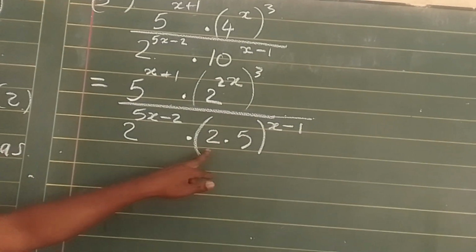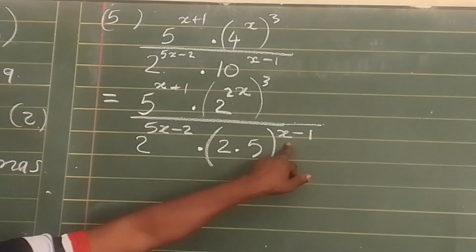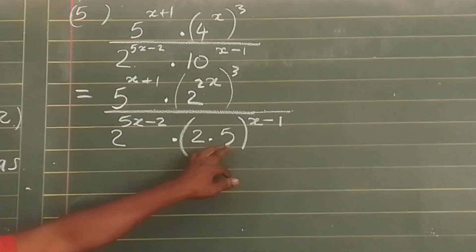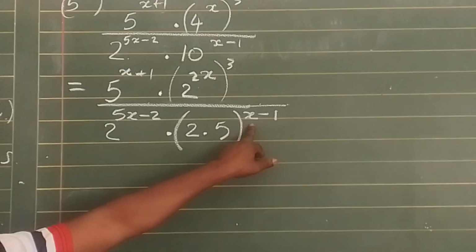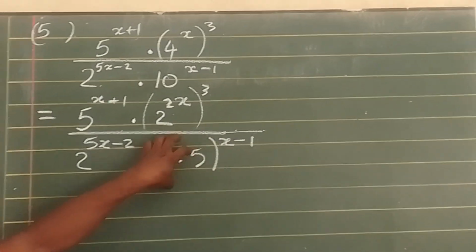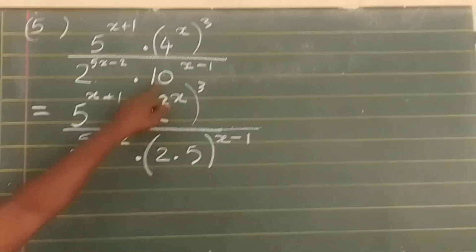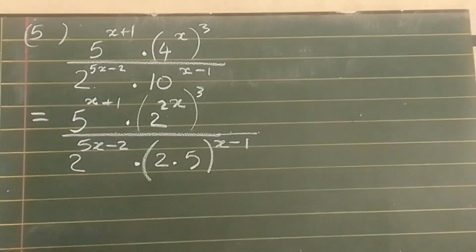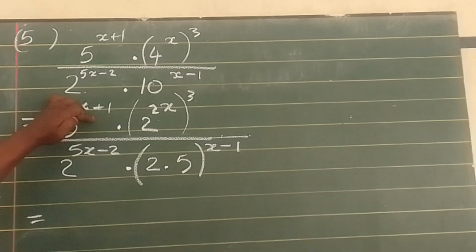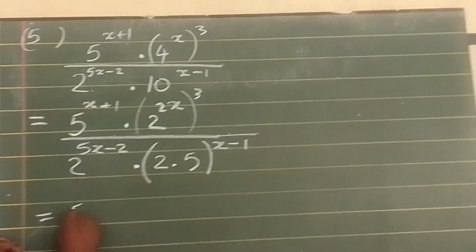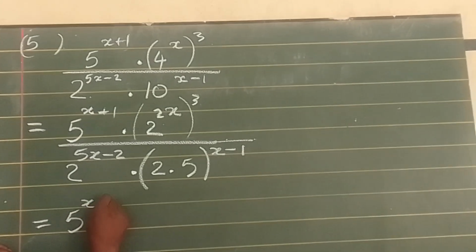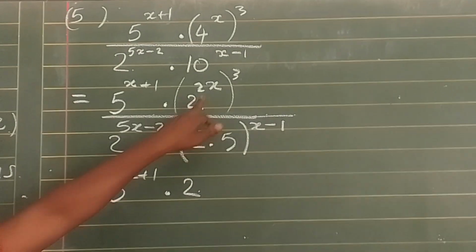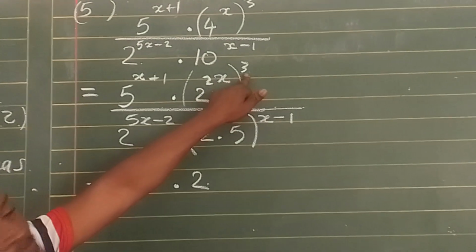Don't make the mistake of taking out 2 from this power of x minus 1, or taking this 5 out of x minus 1. 2 times 5 is 10, and this 10 is raised to the power x minus 1. Right? You see, it is 5 here. 5 to the power x plus 1 multiplied by 2. Now you multiply 2x and 3.